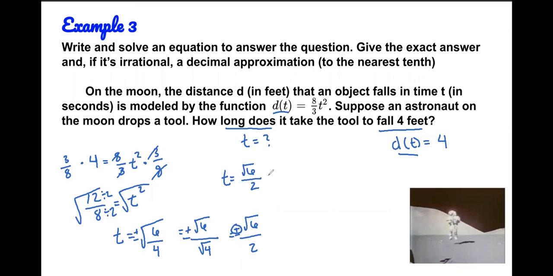Now we can give a decimal approximation in order to get a more visual, more accurate representation instead of having that radical representation. So what would be the square root of 6 over 2, approximated, in seconds? You guys have your calculator.